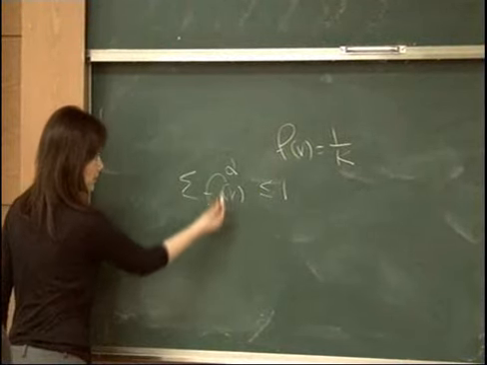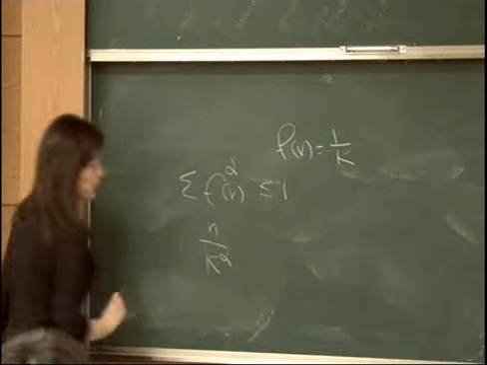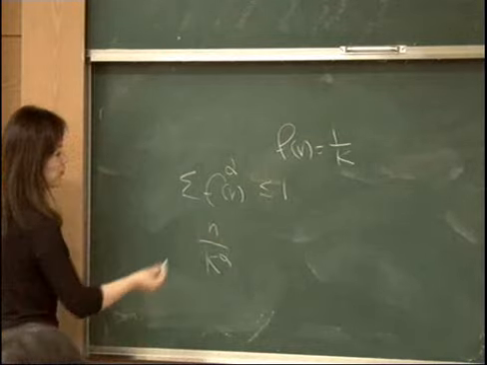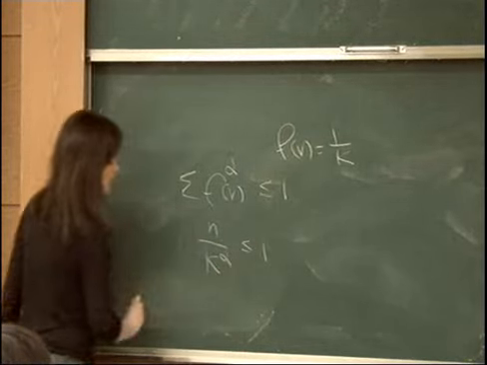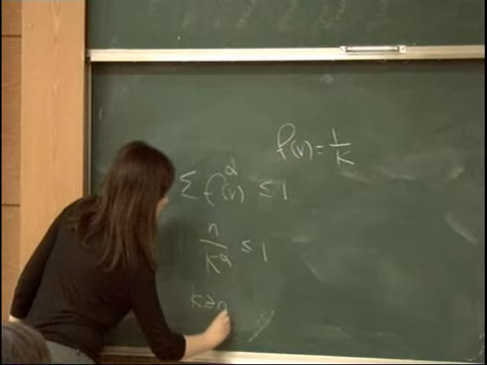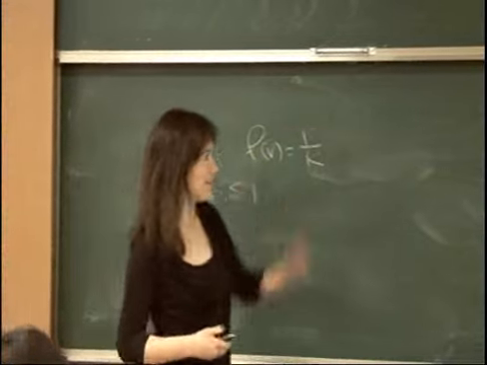Now what is this? Well, that's just n divided by k to the alpha. I have n vertices, the function is 1 over k on each of them, so that's at most 1, but that means exactly what I said. That means that k is at least n to the power 1 over alpha. So this is exactly that.